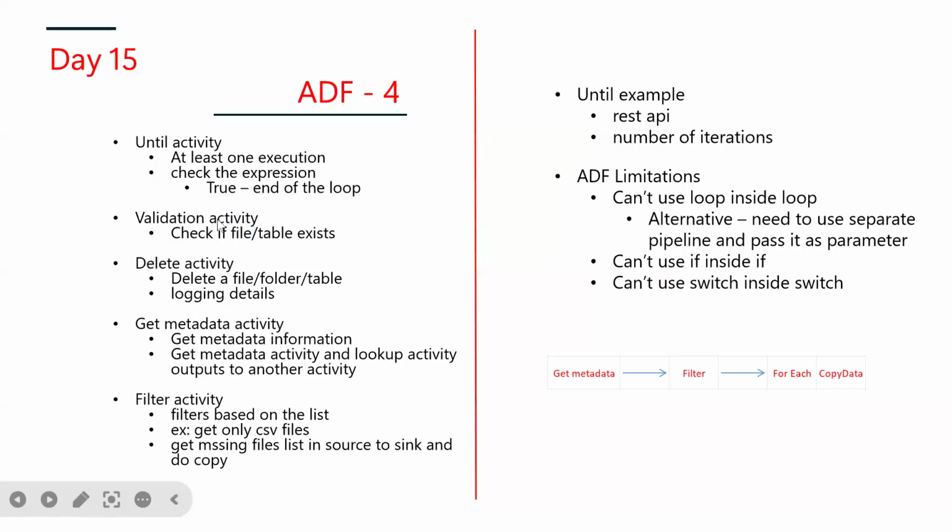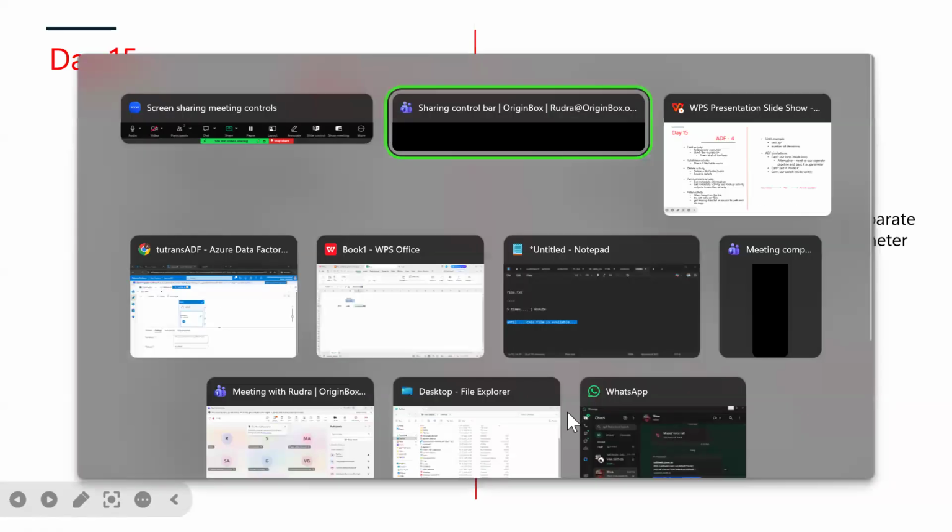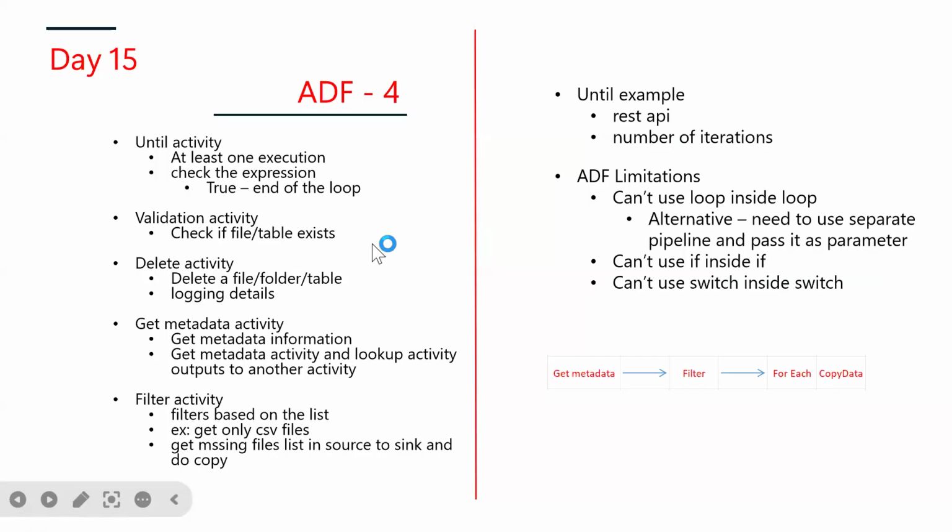And then the validation activity. This is another very useful activity. It will check whether a file exists or not. I have some ADLS container, and inside that I have a list of files. I want to check whether a file exists before writing any other logic.